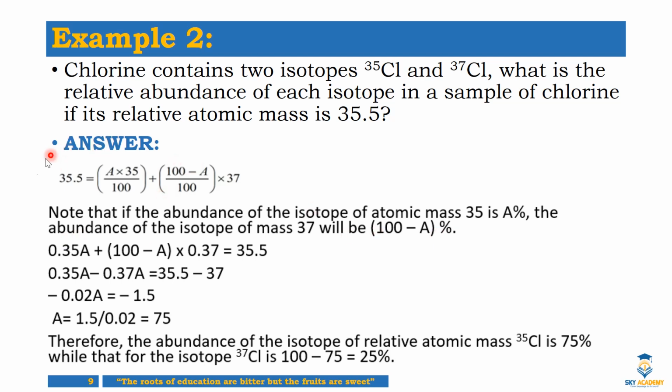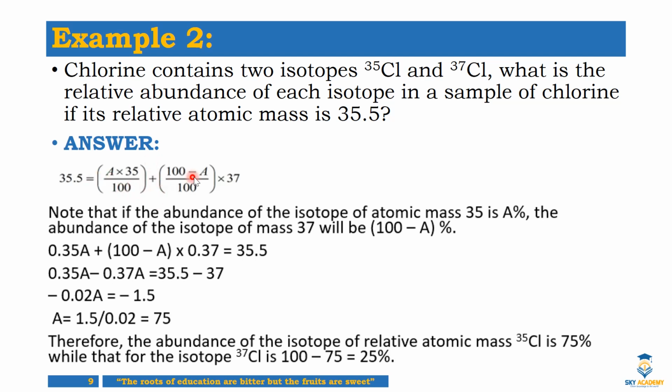The formula says that for relative atomic mass you replace 35.5, which is equal to, then we take abundance 1. If the abundance 1 corresponds to chlorine 35, then you multiply with 35 because this is its atomic mass, and then we divide by 100 because abundance is in percent.